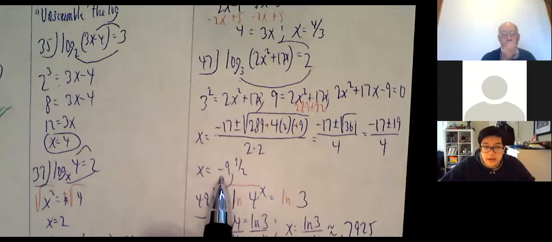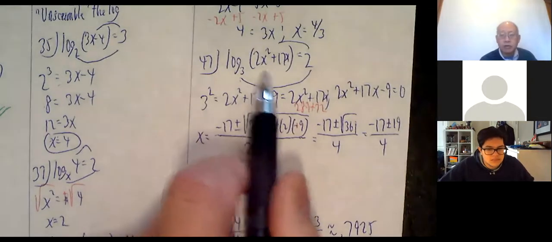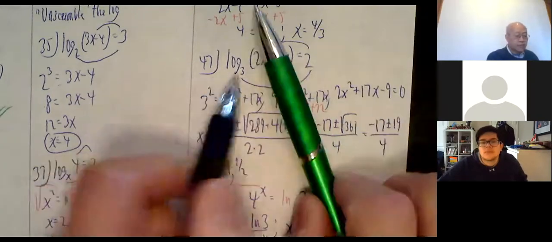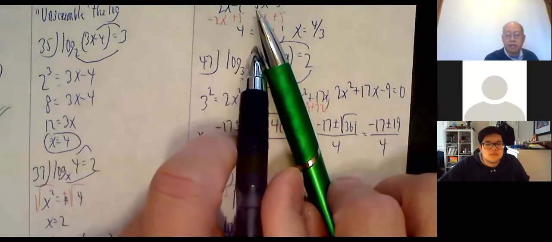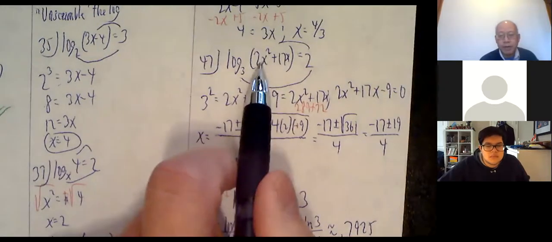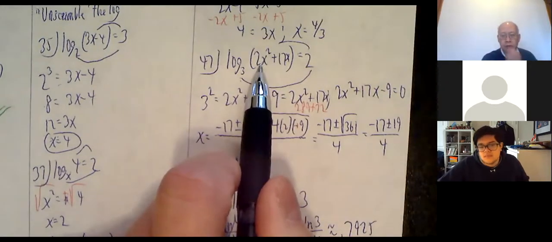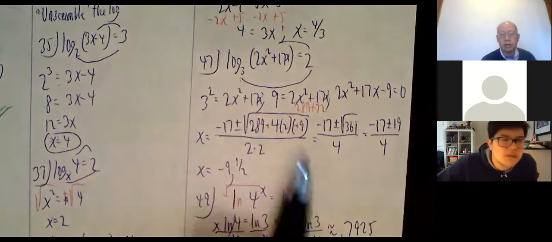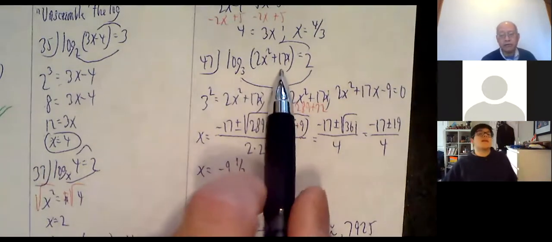Now you say, what about the negative 9? It actually works. The negative 9 is not really the issue. After you plug in negative 9, if the whole quantity inside the parentheses is negative, I can't do it. But negative 9 squared is 81, 81 times 2 is 162, 17 times negative 9 is 153.